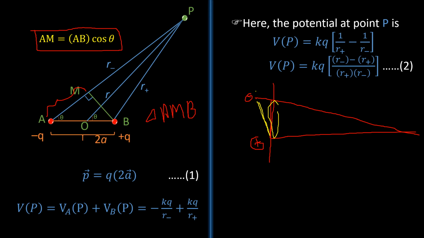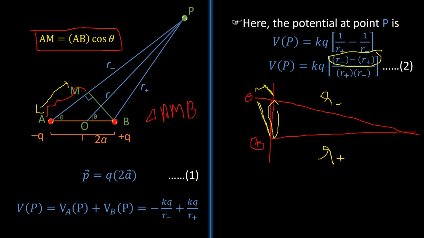With that line I am indicating that this gap is the difference between R negative and R positive. So for our figure I can say that AM is the distance which is the difference of R negative and R positive, and that is what we want here in the numerator. R negative minus R positive is the difference between the two distances, and then I can replace it by AM.